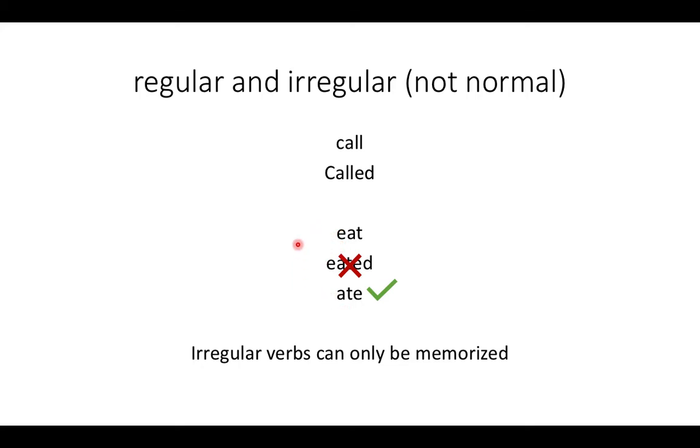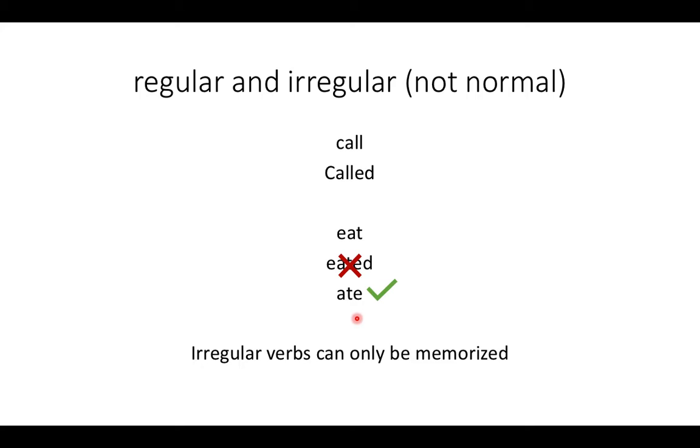These two mean the same thing, except this one is present right now in the moment, and ate is past, so before right now. And irregular verbs are tricky because they can only be memorized. For these verbs, you just have to practice using them, saying them, reading them, and knowing that they mean the same thing as the present tense.